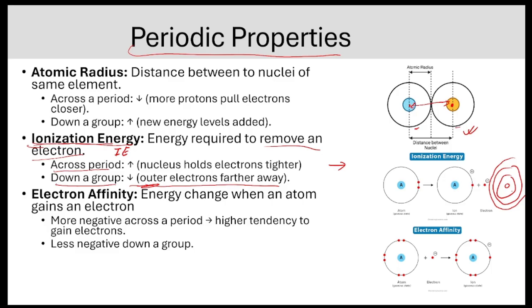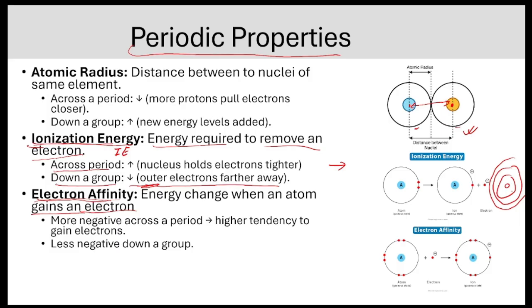And then electron affinity is the energy change when an atom gains an electron. So ionization energy was the energy required to remove an electron, and electron affinity is the energy change when an atom gains an electron.